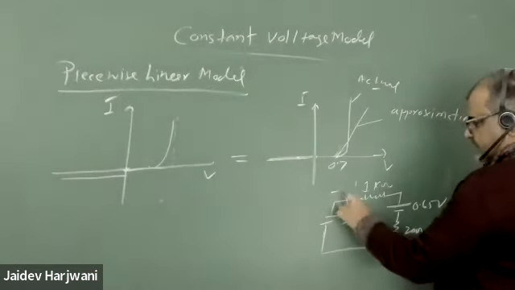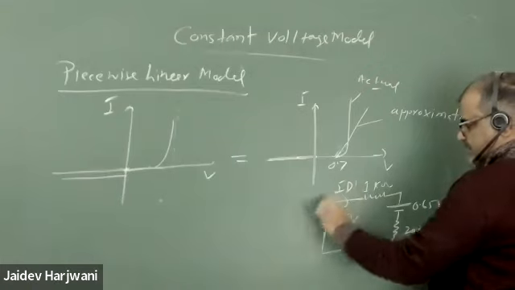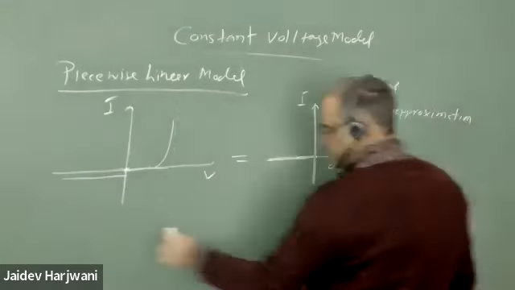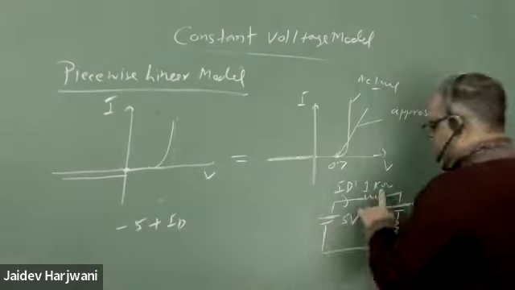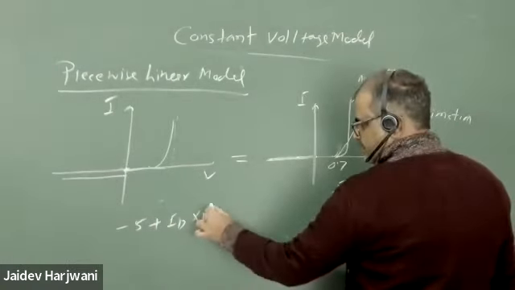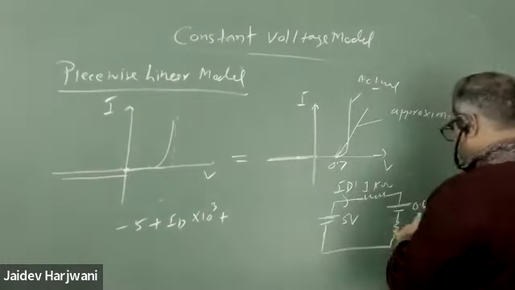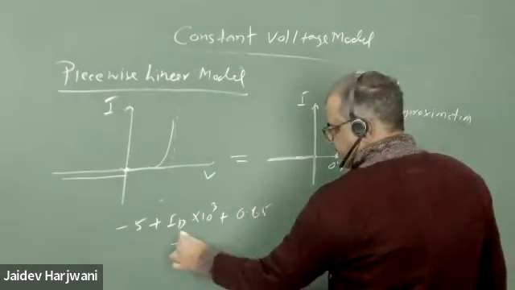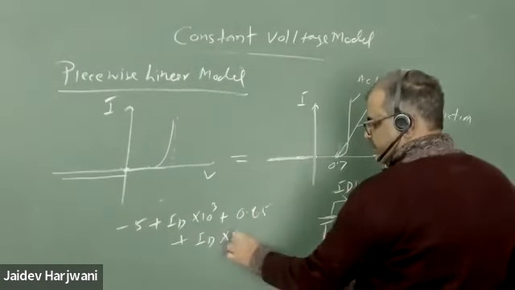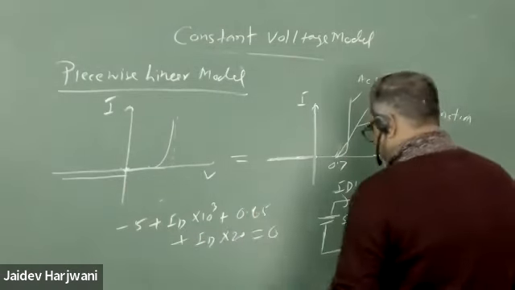Now you can find the current very easily. We can write -5 plus ID into 1 kilo ohm, plus 0.65 volt, plus again ID flowing in 20 ohms equals 0.